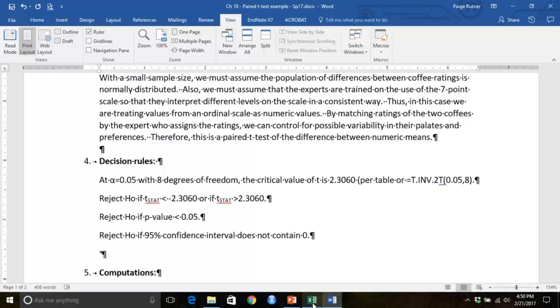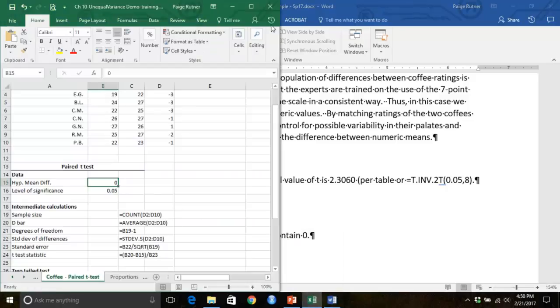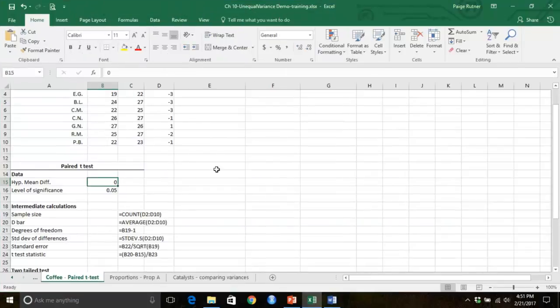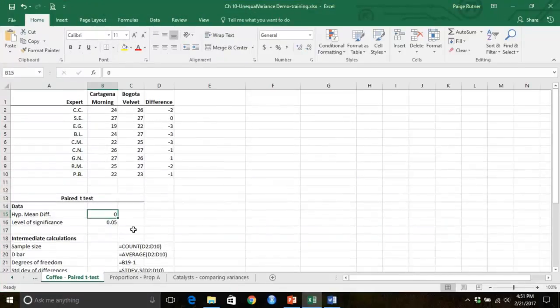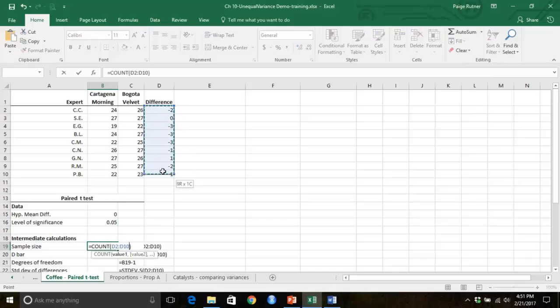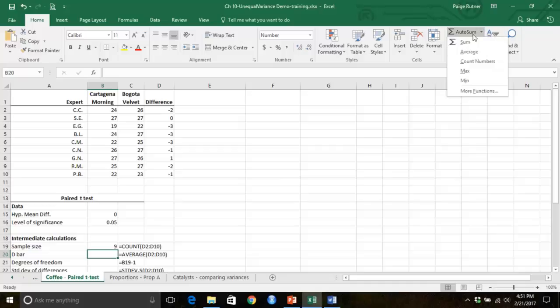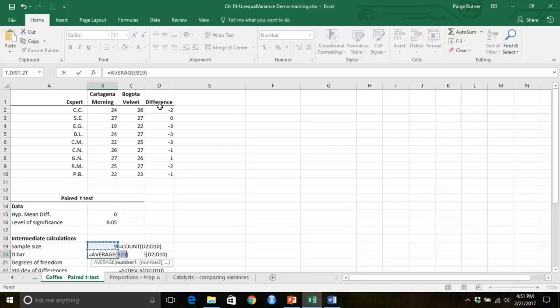Let me go back to the spreadsheet for a moment and catch up with the computations that we're doing here. We've already computed our differences for each of our experts. I'm going to go ahead and count how many differences we have. So that will be my sample size. I'll compute the average of those differences, and I'm just going to do that using my average function.